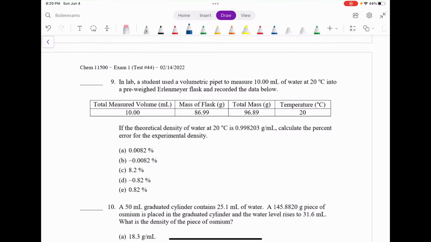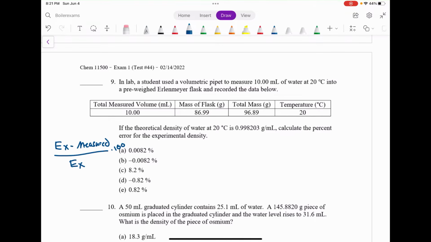Experimental error, we know, let me write on the left here, is going to be expected minus measured over expected times 100. I'm shorthanding expected into EX.